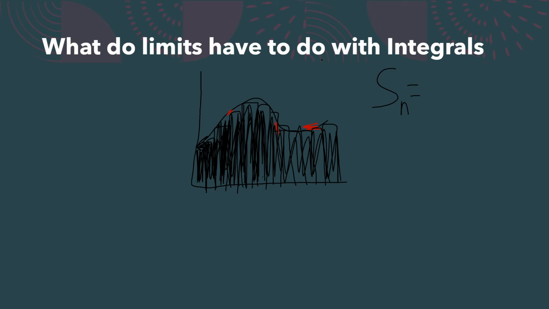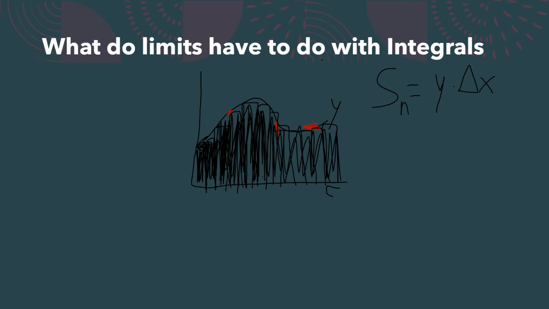So the height of the rectangle is just, if this curve is, we'll call y, or f of x, or whatever you want to call it, then this is just y times the width of the rectangles, which we can call dx, or delta x. That's the width of each rectangle.